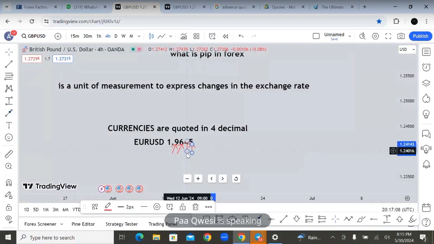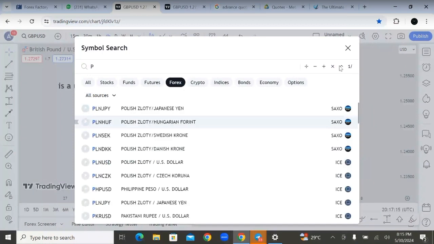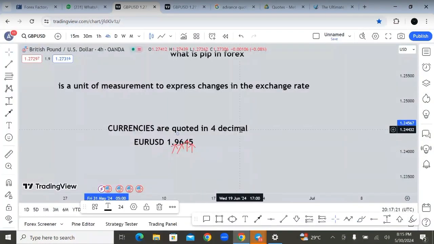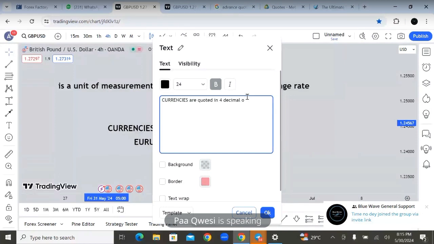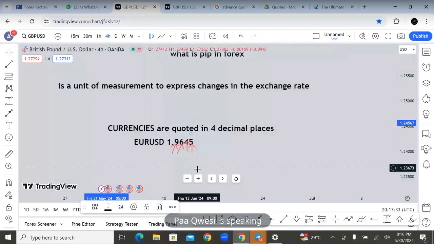Okay, so usually, as I was saying, currencies are quoted in 4 decimal places, and pips are calculated on the 4th decimal place.